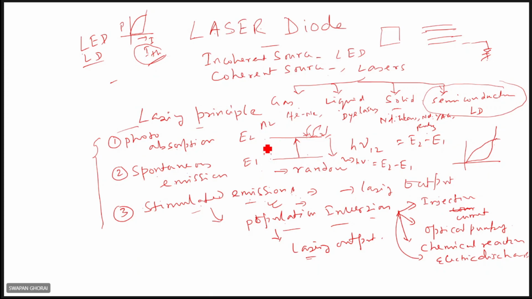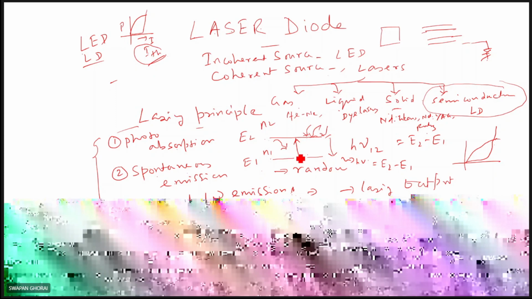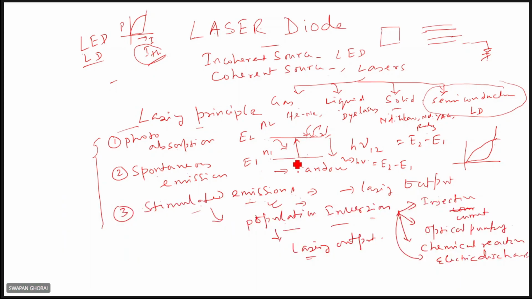Now, when photons strike on these systems, photons will be absorbed. Obviously, the electrons will be excited and they'll go to the upper energy state. When photons of energy h nu strike on the system, h nu is actually E2 minus E1.